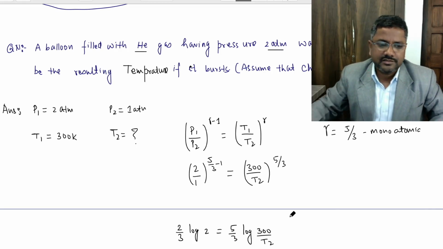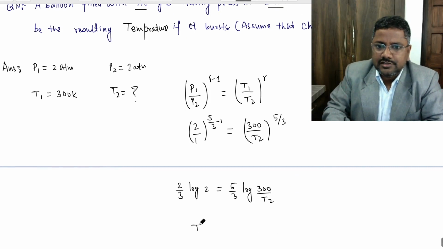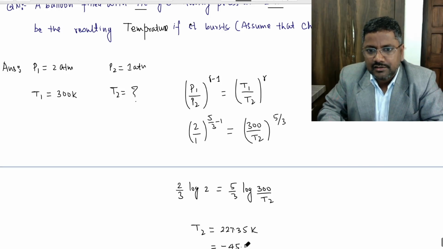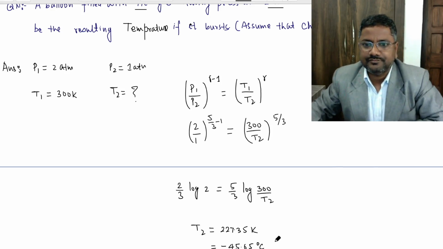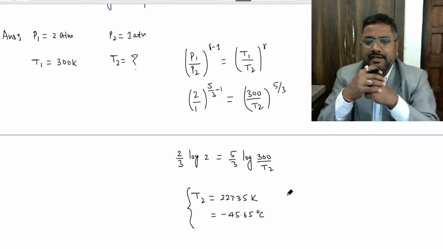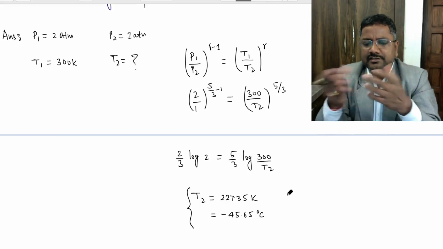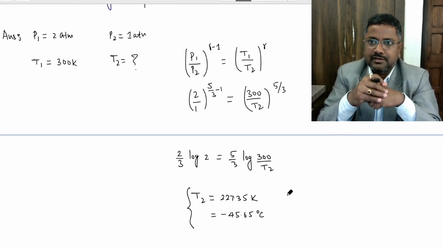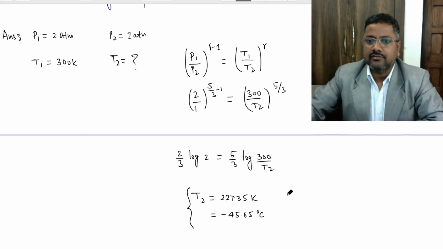When you solve this, you will get T2 is equal to 227.35 Kelvin, means minus 45.65 degrees Celsius. Right? Obviously there is expansion, and if there is expansion, means loss of temperature, you will observe that.